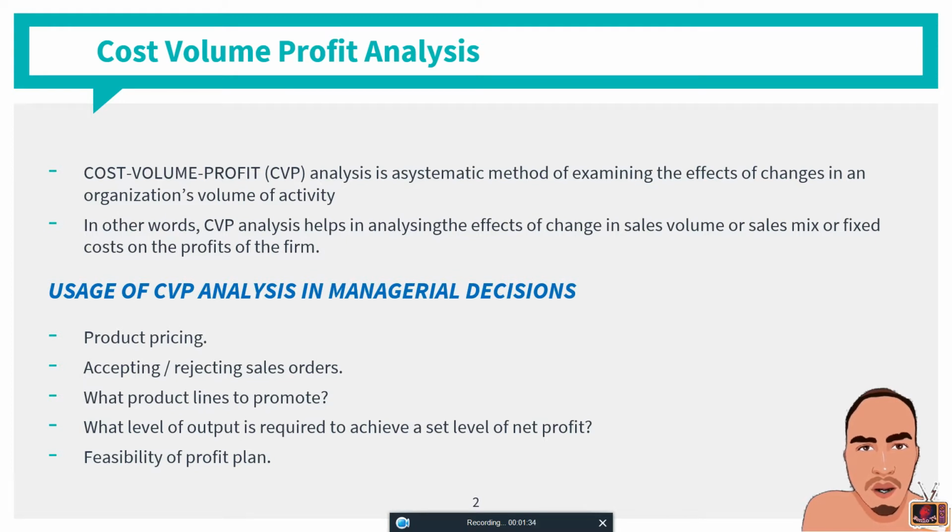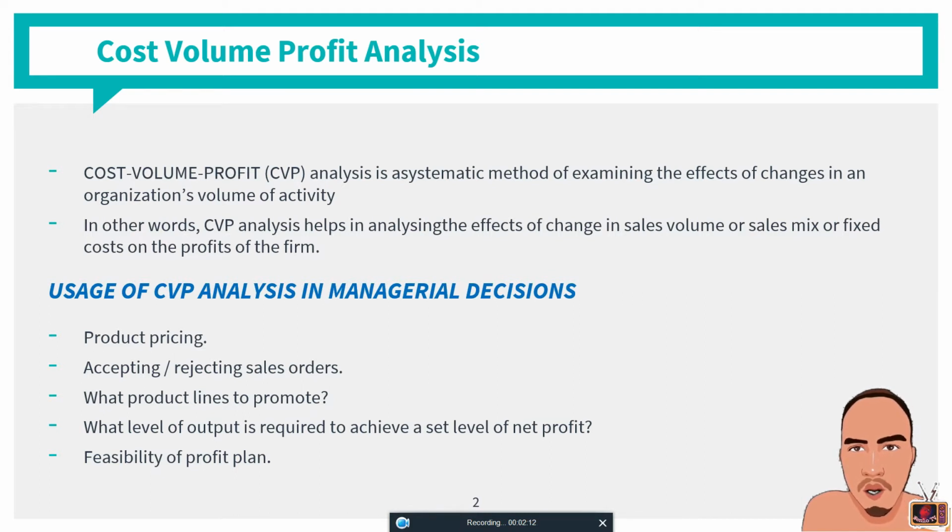So you'd know what would be the right price for your products. And number two, accepting or rejecting sales orders. So with the CVP analysis, you would know if you would accept a certain project or you would deny it based on your profit. And also, number three is what product lines to promote, especially on your multi-product.